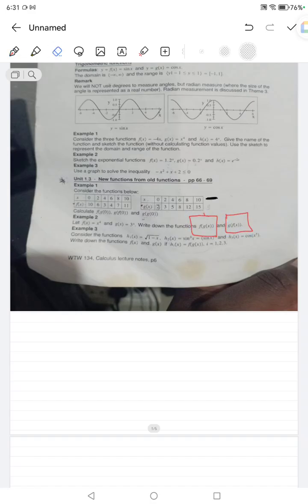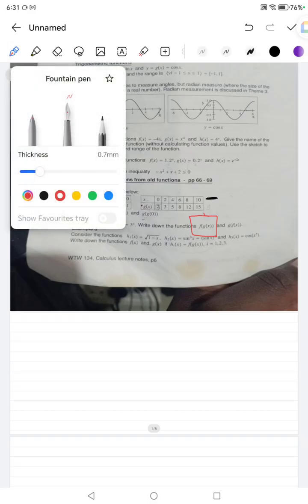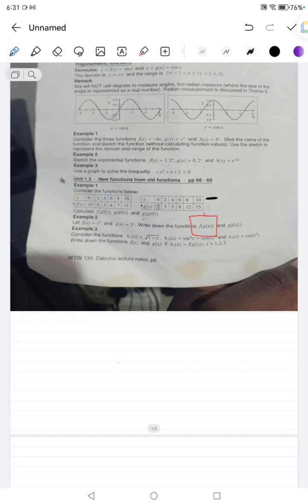For the first one, internally what do we have? We have our g of x. Let me just write it down. They said we should find our f of g of x.